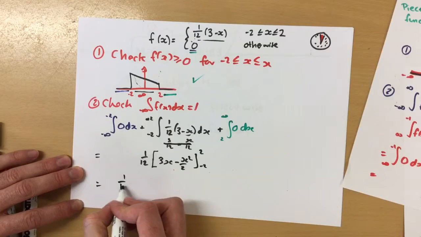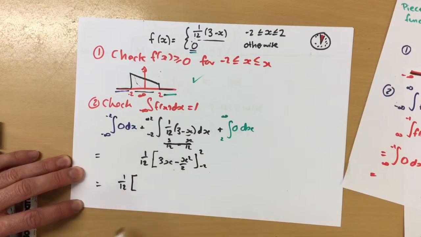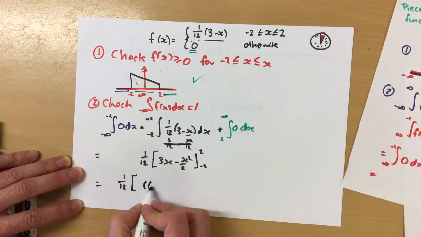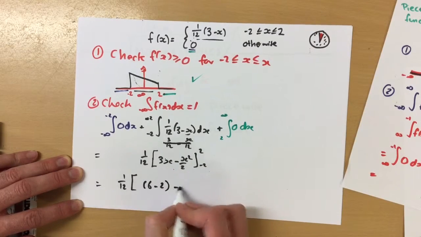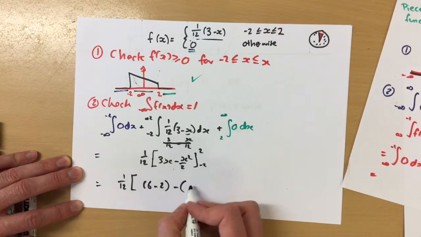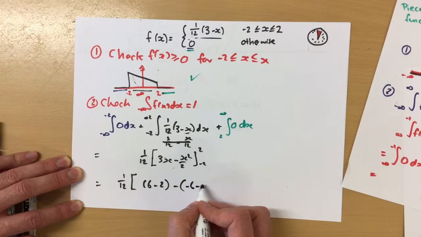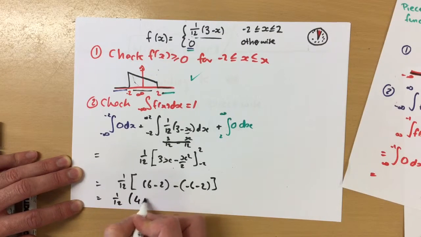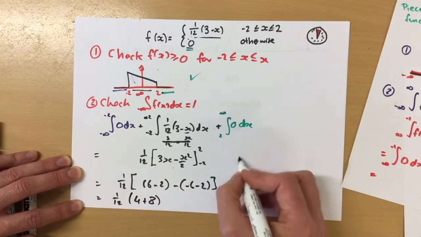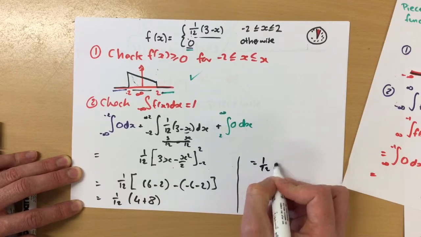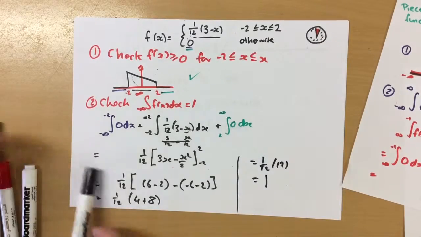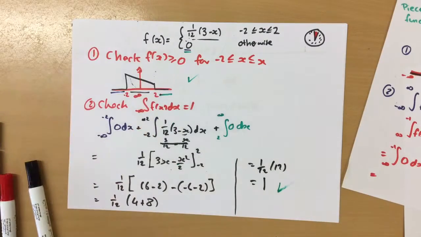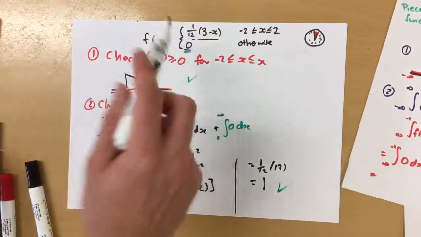Keep the twelfth outside, which makes life a little bit easier. Substitute in 2, which gives us 6 minus 2, and substitute in -2, which gives us -6 minus 2, so that's 4 plus 8. A twelfth times 12 is 1. Therefore, it satisfies both conditions, and we can say that this indeed is a probability density function.